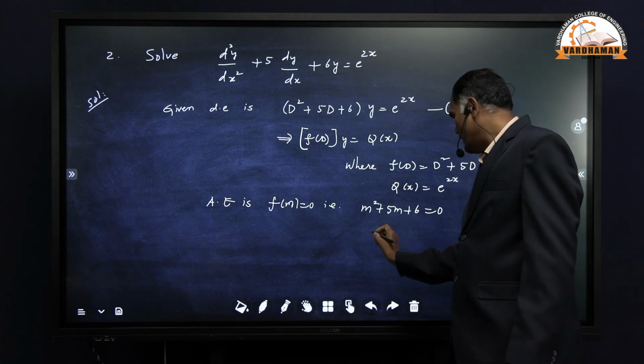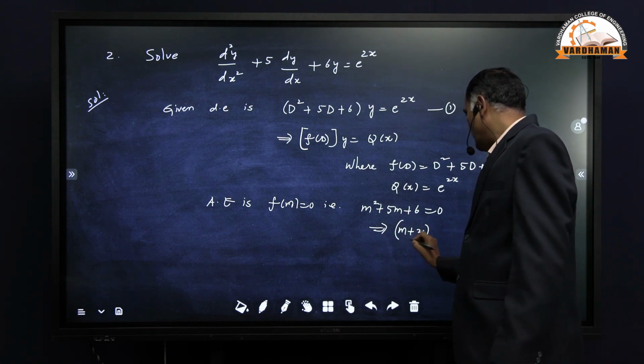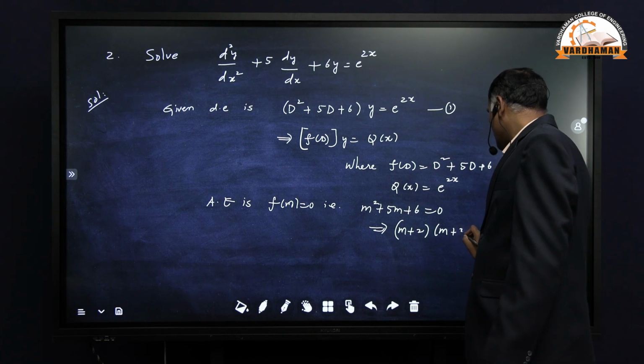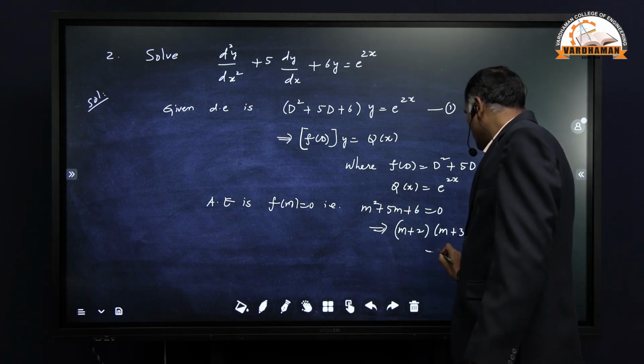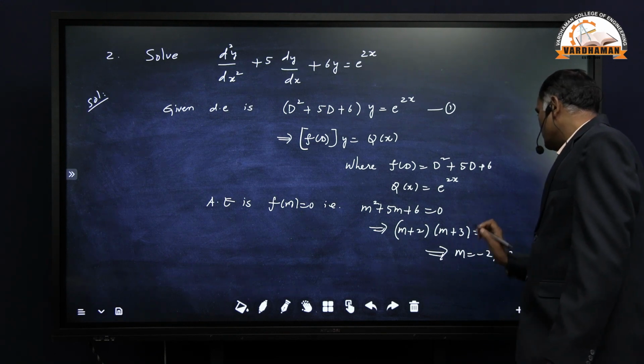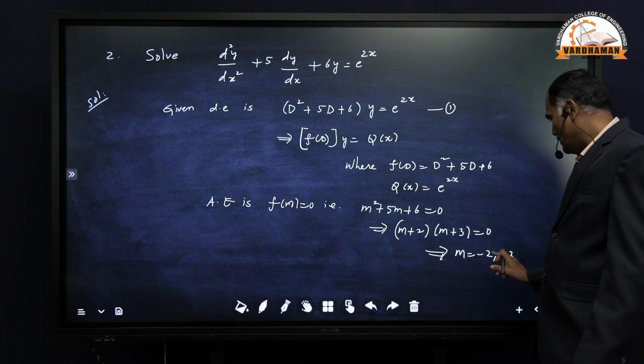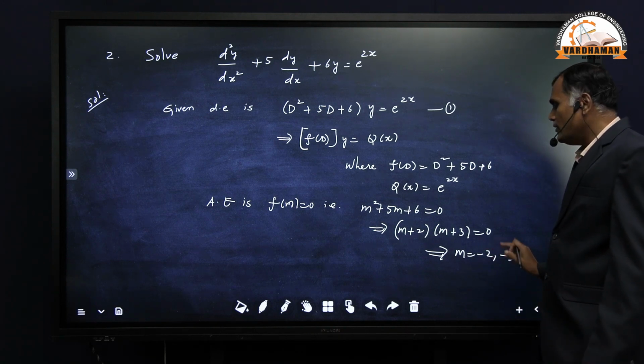By solving this quadratic equation we get (m plus 2) into (m plus 3) equals 0. So we get m equals minus 2 and minus 3. Now these two are the roots of this auxiliary equation. Clearly these two are real and distinct.